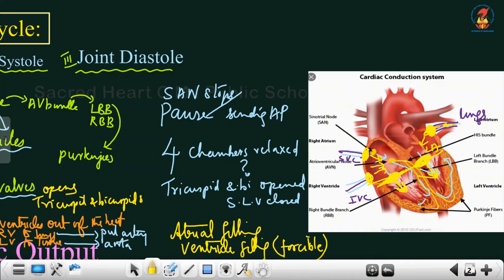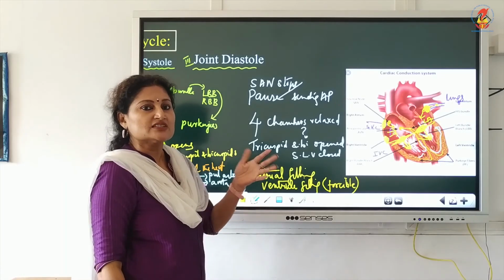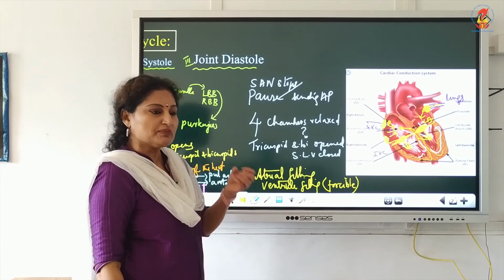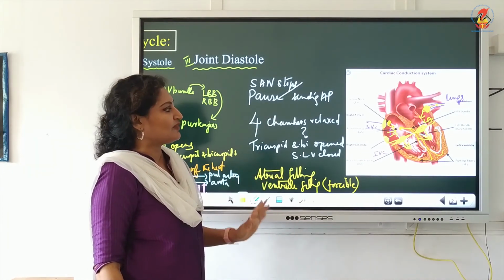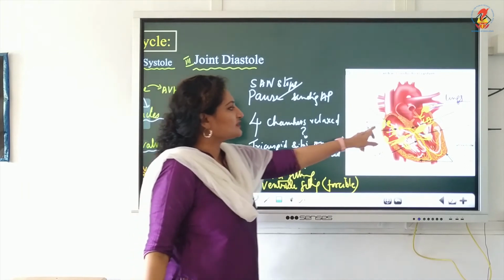So, the blood drops into it, but it's not forceful. So, all the 4 chambers are relaxed. Atrial filling is taking place properly. In the ventricles there is filling, but we can see the filling like trickling, drip by drip, because the tricuspid and bicuspid valves are open.